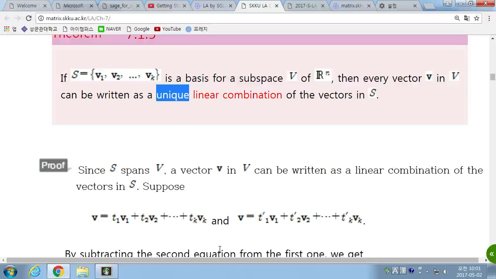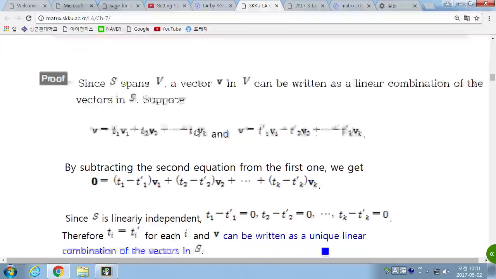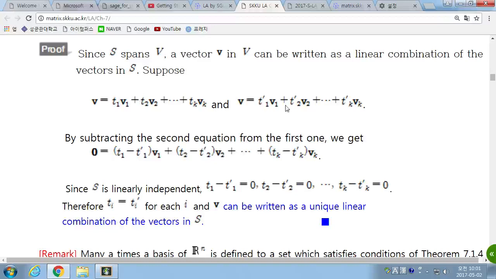두 개가 아니라. 유일한 걸 표현하려면 어떻게 하지? 만약에 if you have two linear combinations of the vector with a basis, then all we have to show is that those t_i's are the same as t_i primes. 그러니까 만약에 이게 두 개가 존재한다면 이 두 개가 똑같은 것만 보이면 되는 것이죠. 계수가 똑같은 걸 보이면 되는 것이죠. 여기서 이걸 빼면 이렇게 되지. 근데 이게 기저지. 기저니까 1차 독립이지. 1차 독립이니까 이 계수가 다 뭐가 돼야 되지? 0이 돼야 되지. 그러니까 이 둘이 다 같아야 되지.